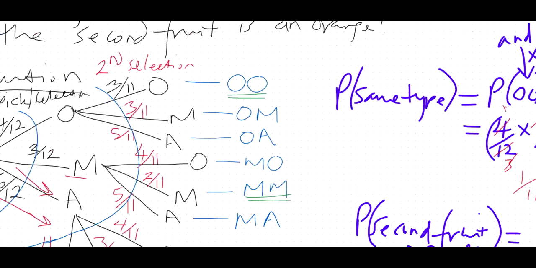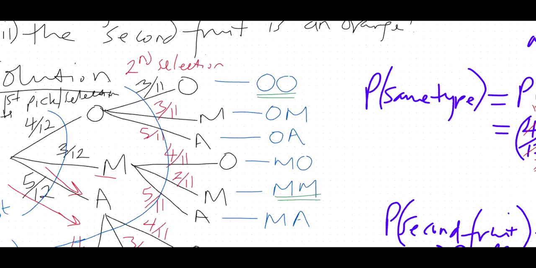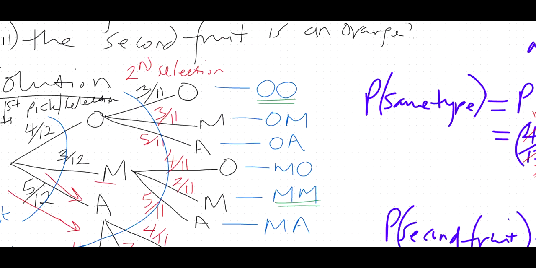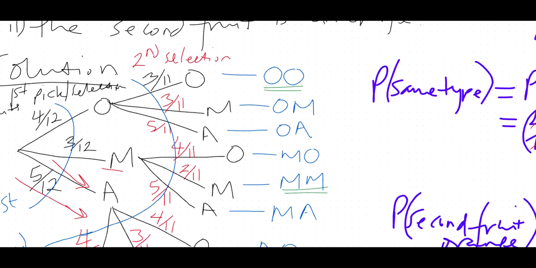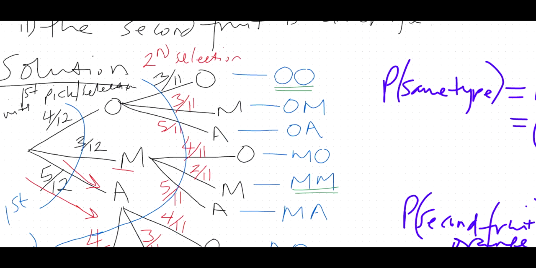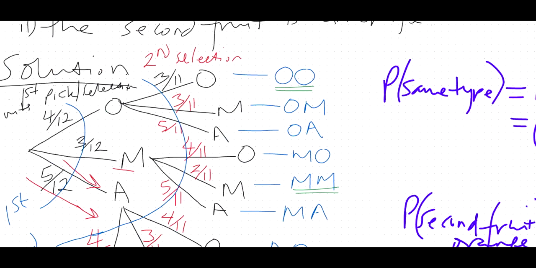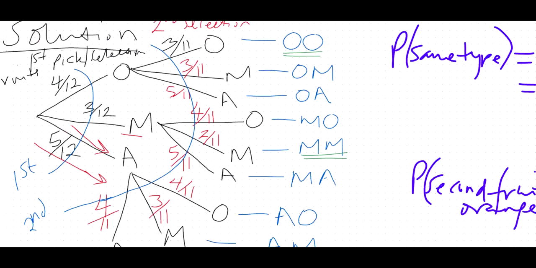Now, here, remember we are picking two fruits. So you can pick the first fruit as an orange, and then the second fruit is also an orange. But you can also pick the first fruit being a mango, and then the second fruit is an orange. Or the first fruit could be an apple, and then the second fruit is an orange.